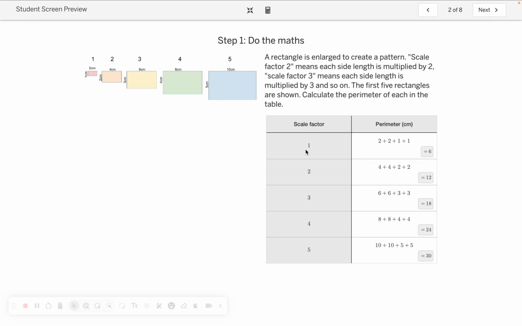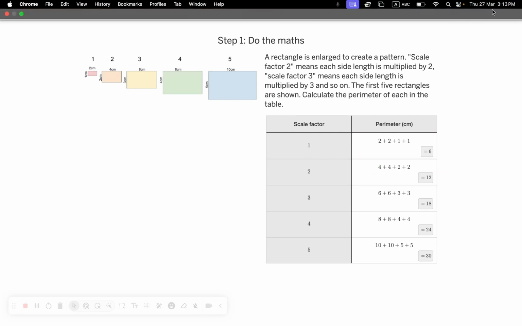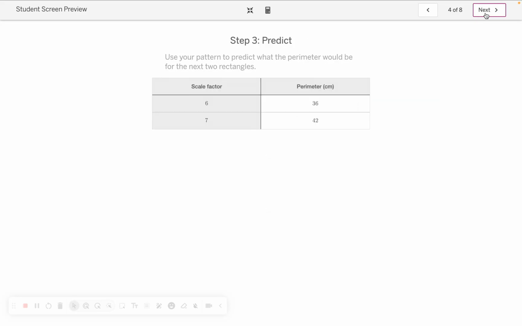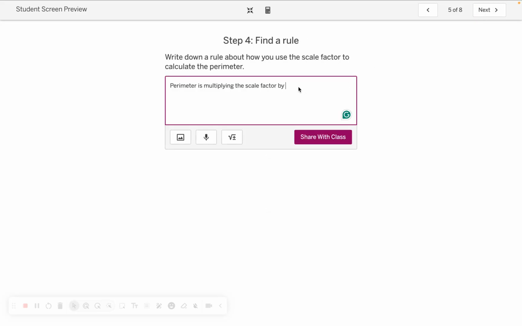If I take the scale factor and I multiply by 6, that's going to give me the perimeter. So I'm just going to write this by 6. Okay, now this is writing in words.